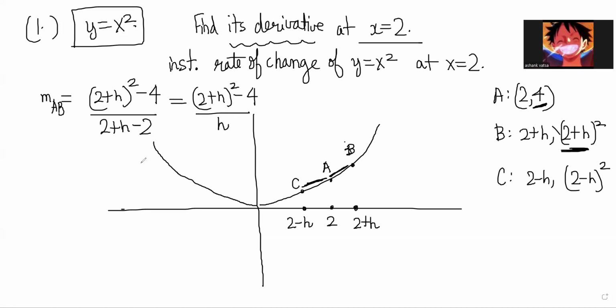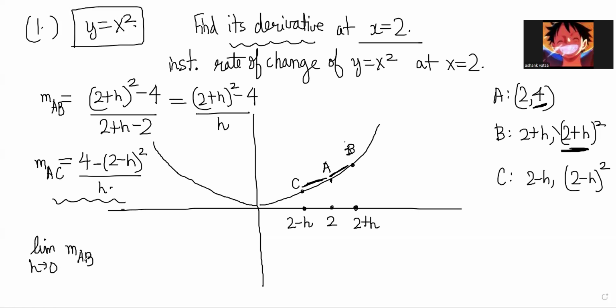And what is slope of AC? Let's find that also. So that will be 4 minus 2 minus h whole square divided by 2 minus 2 minus h. So that is h, right? So right hand derivative, according to our understanding, is limit h tends to 0, slope of AB. Let's calculate that.